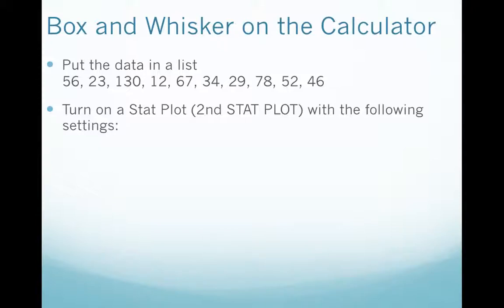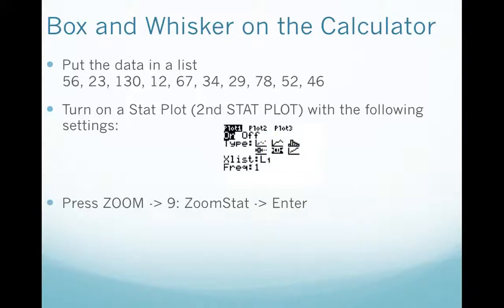So we're going to turn it off of the histogram and change it to Box and Whisker Plot, which is the center image on the second row for this activity. Your L1 should be the list where your data is. Frequency can be set at 1.